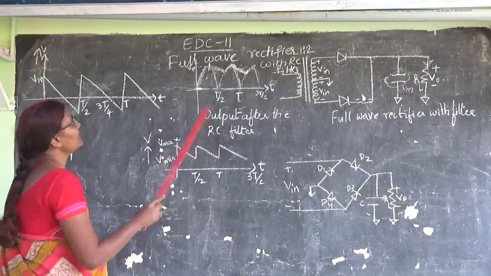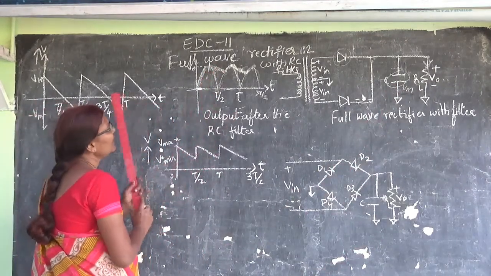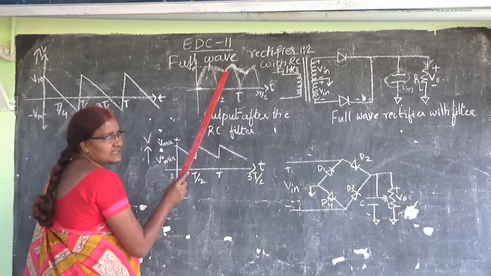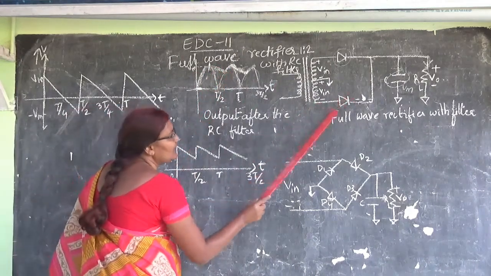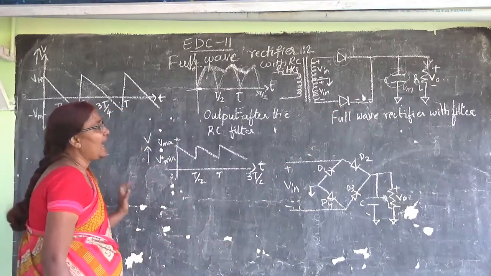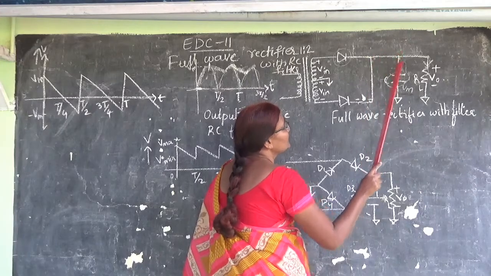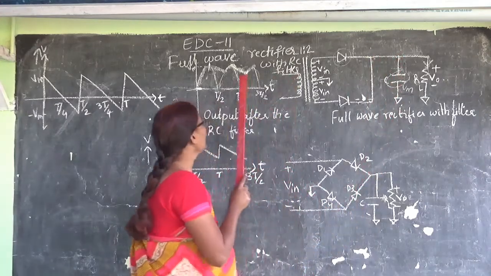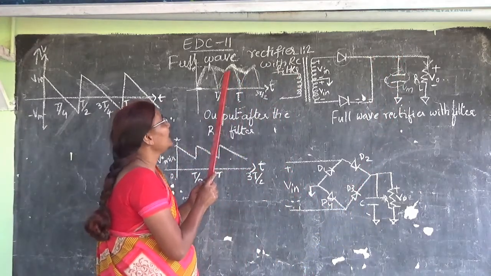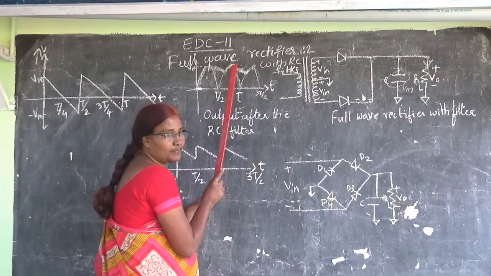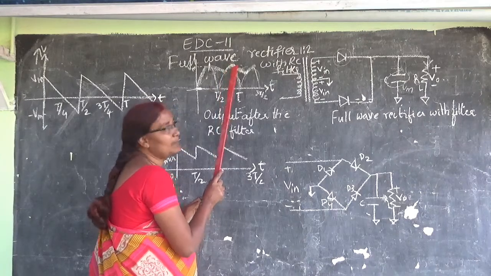So the capacitor will discharge. Now after coming to a certain point, this diode will be forward biased, and the current flows through this. So after going to V minimum, again this capacitor will charge towards V maximum.